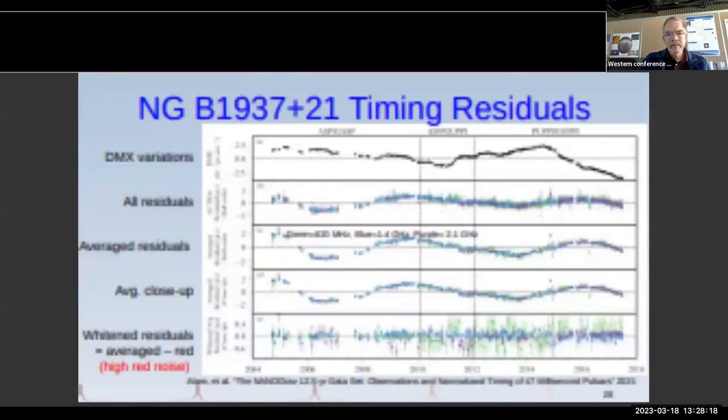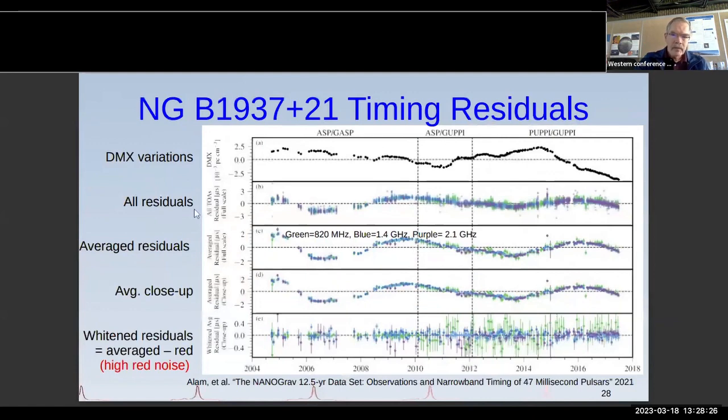So that's what this chart is. This is the summary chart for this pulsar showing the residuals. And I'm using the residuals as plotted by NANOGrav. That's why I've got the NG up there, because my residuals didn't come out quite this nice.